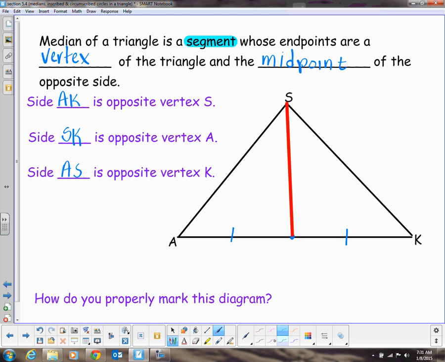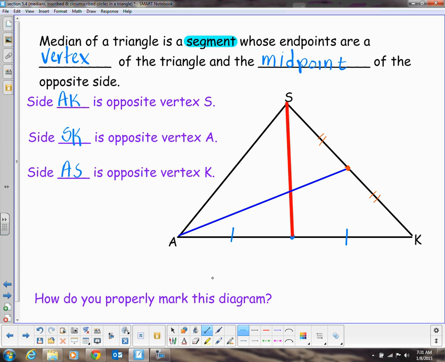All right. If I find the midpoint of SK, how do I mark that now? How do I mark this as a midpoint? How many now? Why do I have to do 2? I've already done 1. So if I want to draw in my next median, it's going to start opposite vertex to the midpoint of the opposite side.